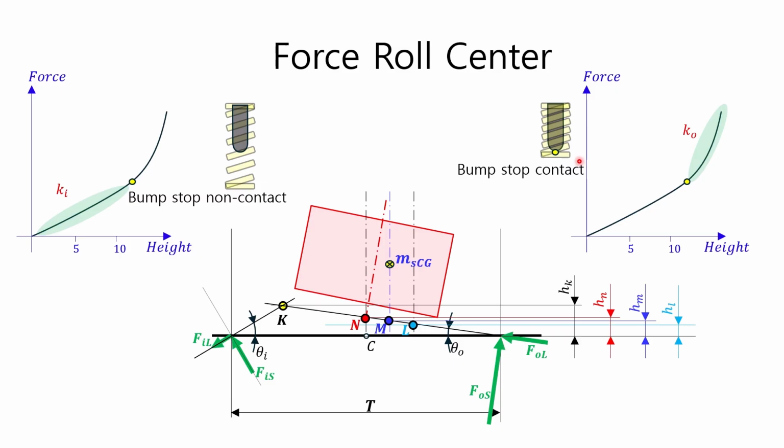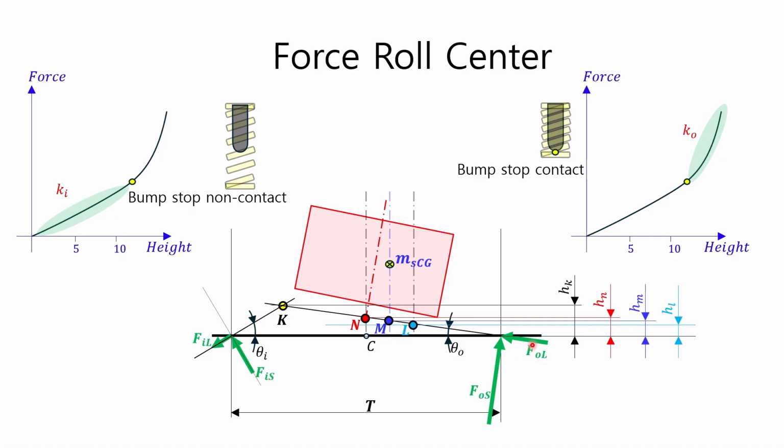During cornering, the right bump stop activates, significantly increasing the spring constant of the right wheel. Furthermore, a large lateral force is applied, causing the force on the right tire to be significantly greater than that on the left tire. Since the force on the right wheel is dominant, we can assume that the force roll center lies on the line connecting the right wheel contact point with the road and the kinematic roll center K.